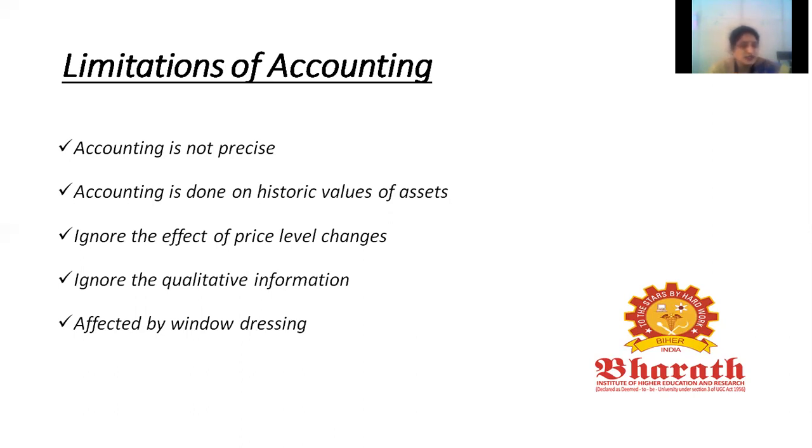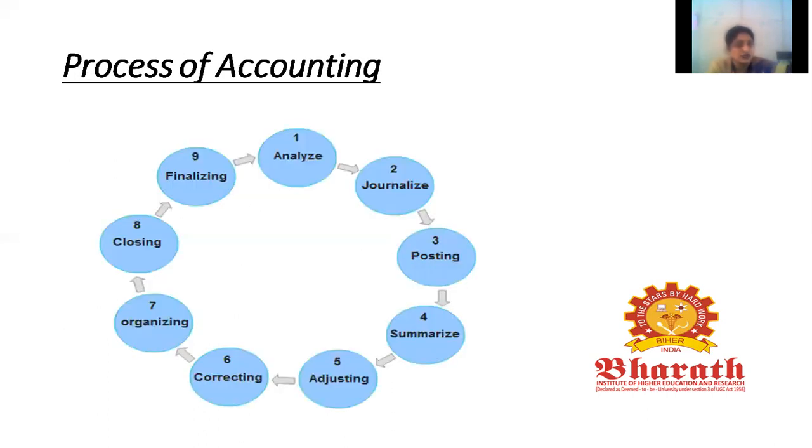And the last drawback is that it is affected by window dressing. Window dressing means it is a manipulation in the accounting to present a more favorable position of the business than the actual position. So window dressing can also affect accounting. So these are all the limitations of accounting.